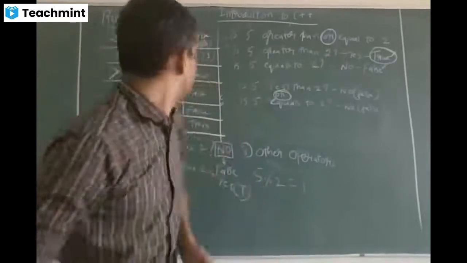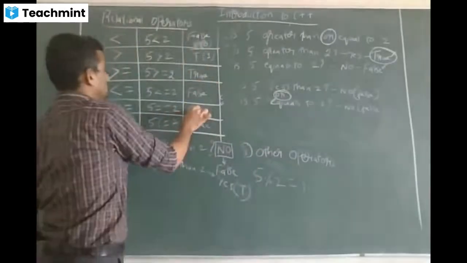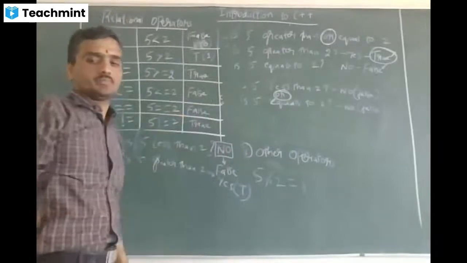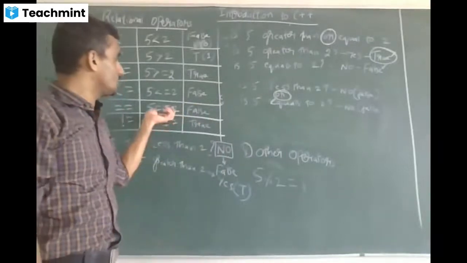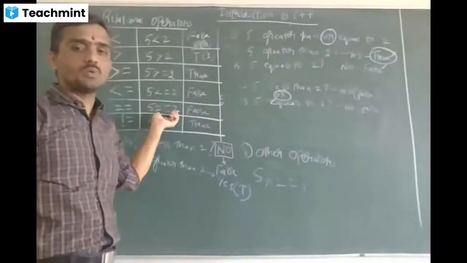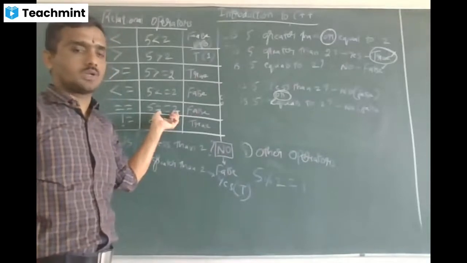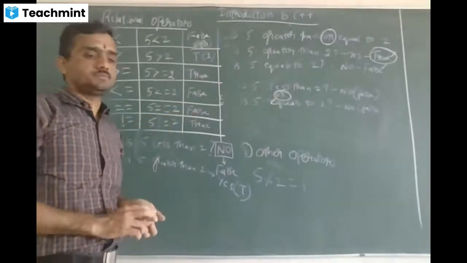Fifth one. Is 5 equals to 2? So just like asking the question, are the numbers 5 and 2 both equal? No, both are not equal. So it is false. Okay.